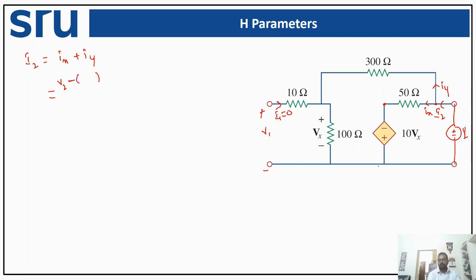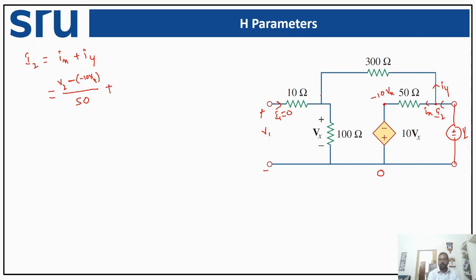How much is it? If we assume that it's a ground potential, then this should be minus 10 Vx. So we are going to have V2 minus of minus 10 Vx divided by the value of this resistance, 50, plus what is Iy?